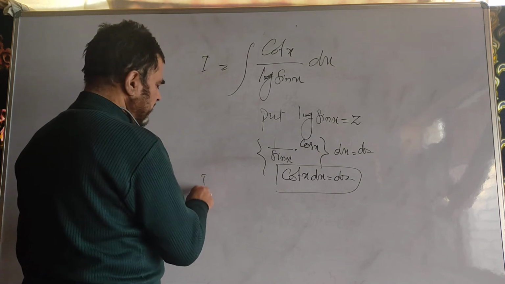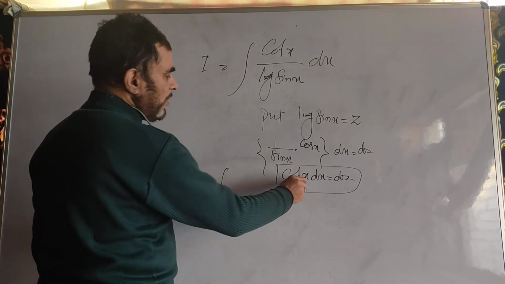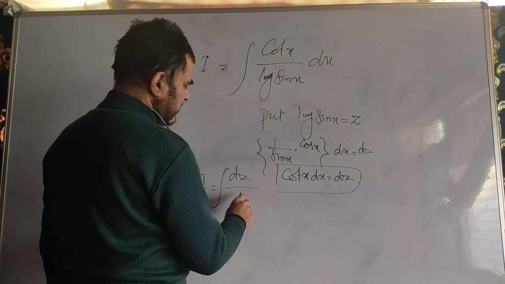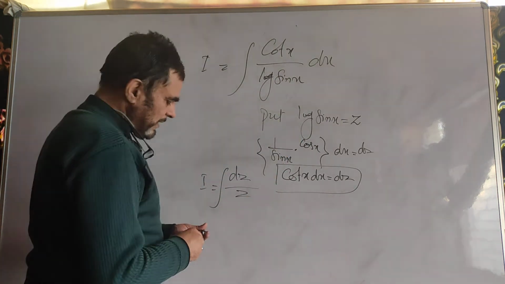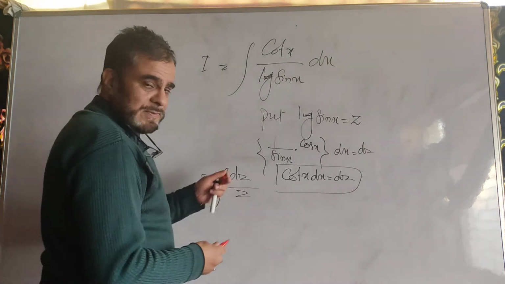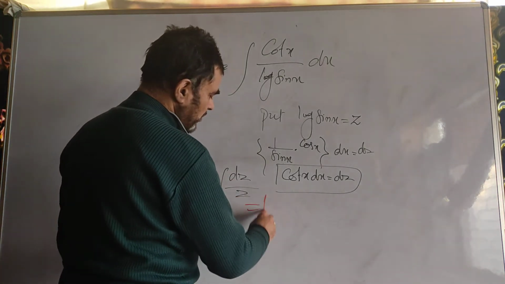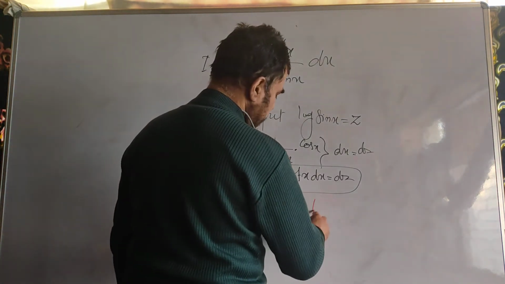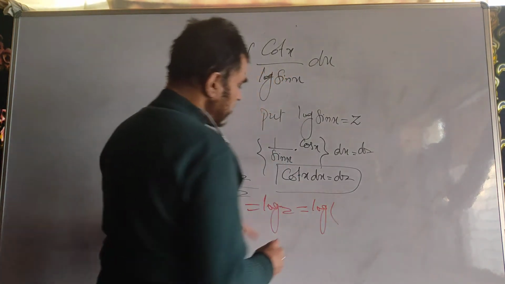So your given integral is converted into short form. Cot x dx is dz, and log sin x is z. Again, the integral of dz by z is log of z. What is the value of z?